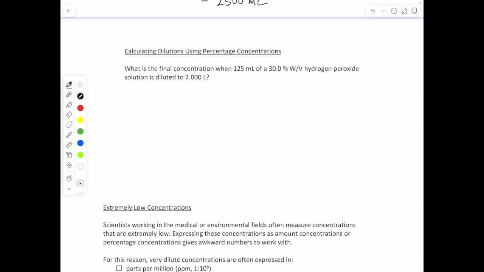We have an initial volume of 125 milliliters, or 0.125 liters, with an initial concentration of 30% weight per volume. And we're going to dilute this to 2 liters. And we want to know the final concentration.